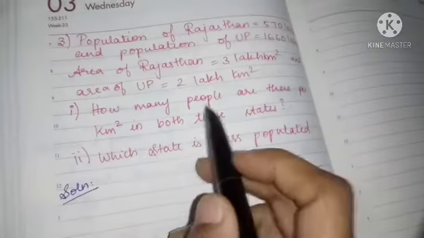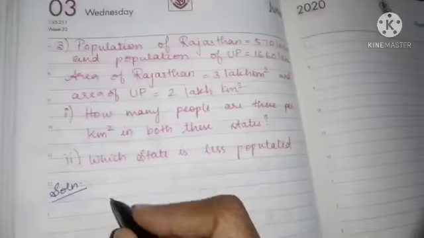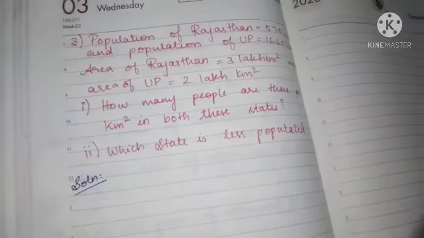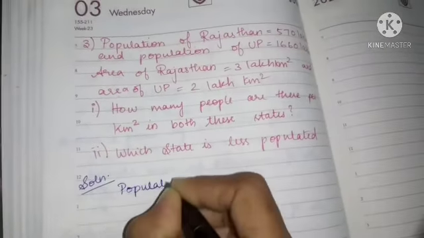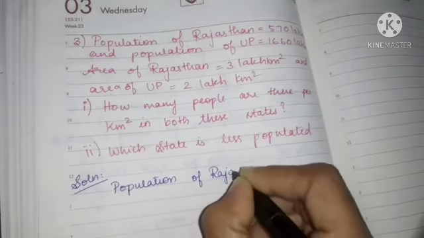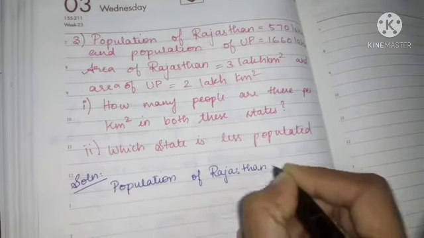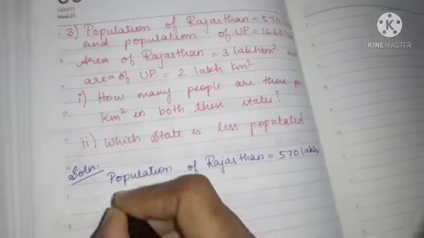How many people are there per kilometer square? First we'll write whatever is given in the question. Population of Rajasthan is 570 lakhs.